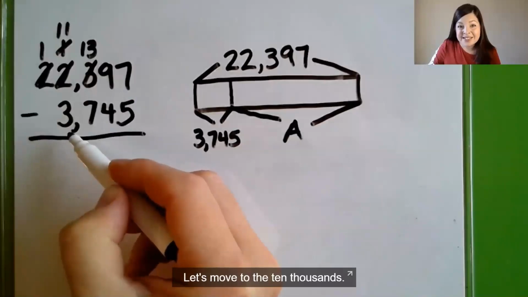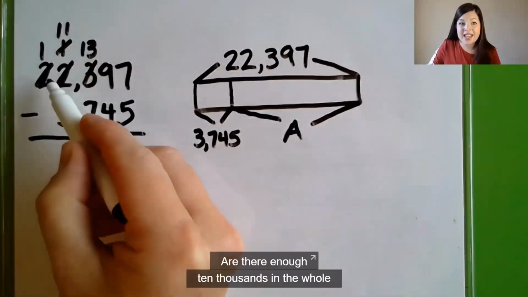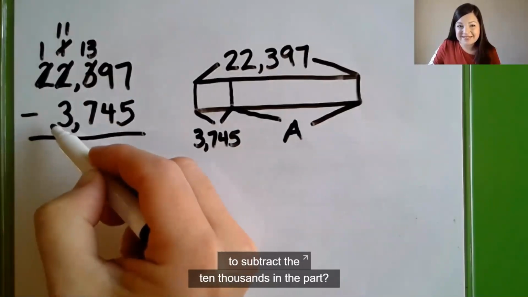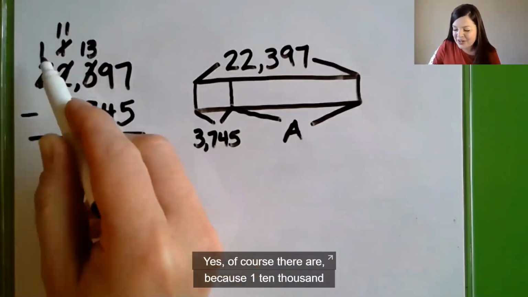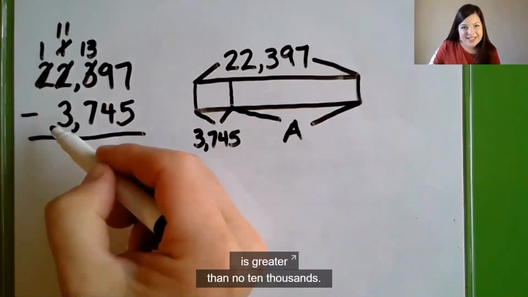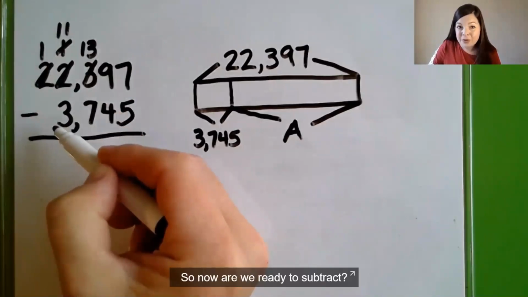Let's move to the 10,000s. Are there enough 10,000s in the whole to subtract the 10,000s in the part? Yes, of course there are, because 1 10,000 is greater than no 10,000s. So now, are we ready to subtract?